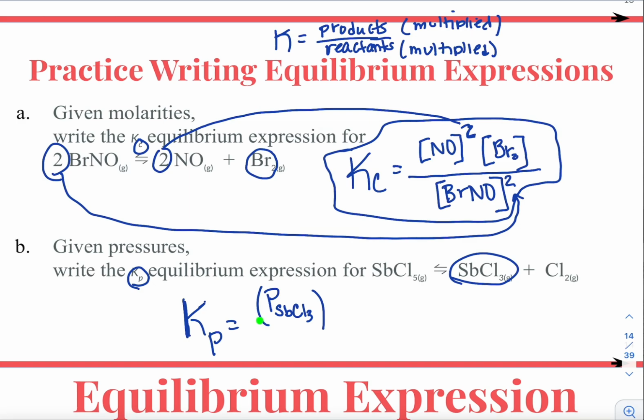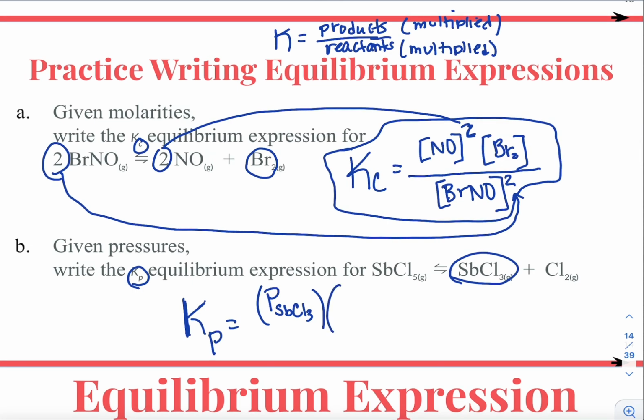So for P, you're using parentheses, and you have to put the pressure thing there because parentheses could mean anything. So then here, we're going to do P of Cl2. And then on the bottom, we do P of SbCl5. And we have no coefficients in this reaction, so we have no exponents either. And that's writing the equilibrium expression.